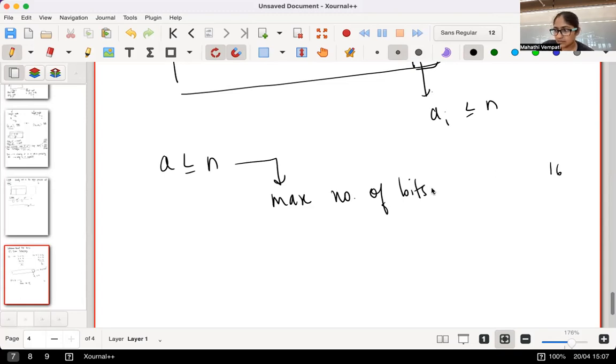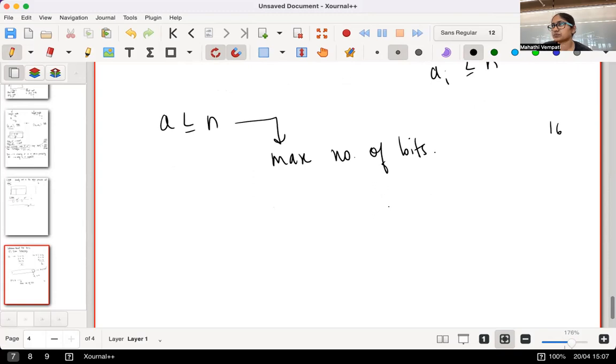The worst case happens when n is a power of 2, and in that case you end up taking log n plus 1 bits, because for example 16 is 10000. Yeah, log n plus 1 bits.